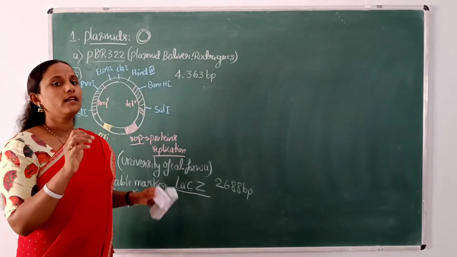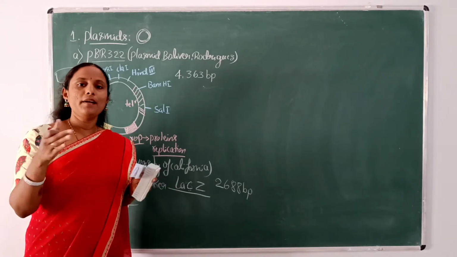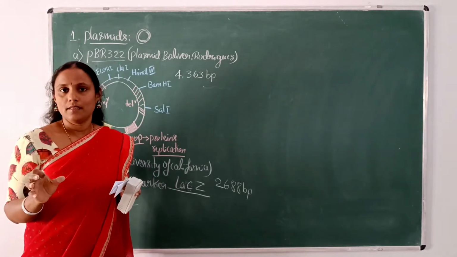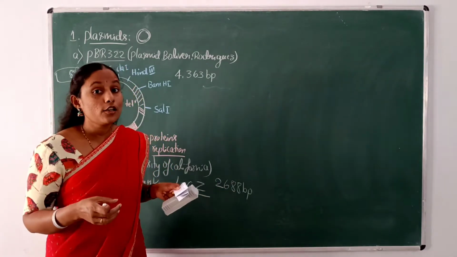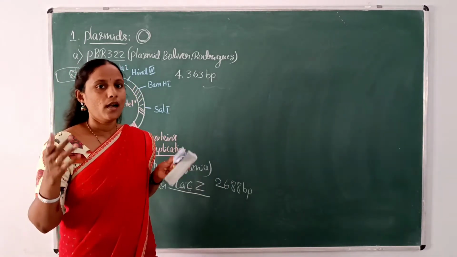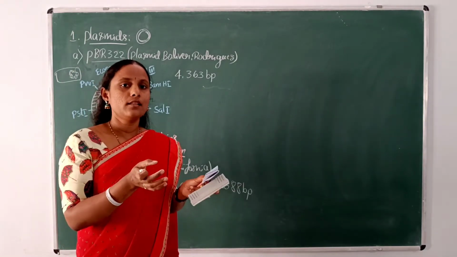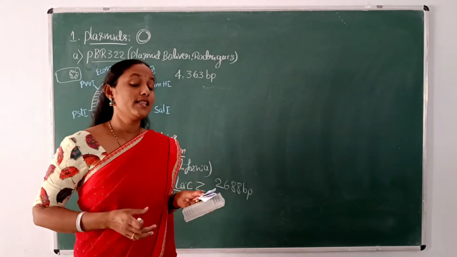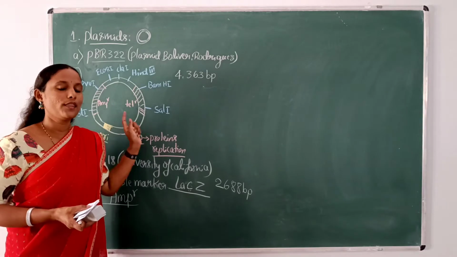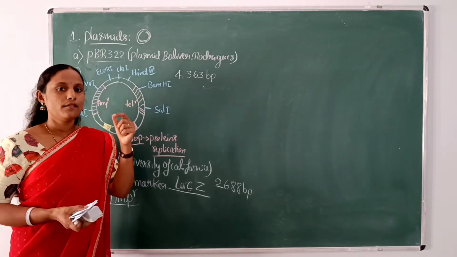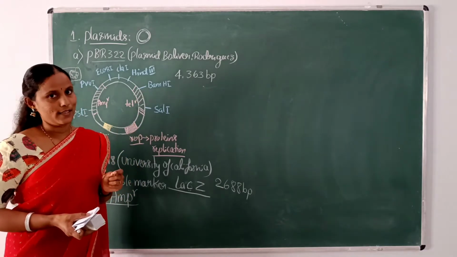And remember, the size of a vector should be small so that it can propagate easily in the host cell. If the size of the vector is too large, then it is difficult to maintain in the host. Also, if the vector is too large, how can we insert the gene of our interest? For this, we have to attach the gene of our interest, so the vectors should always be as small as possible.